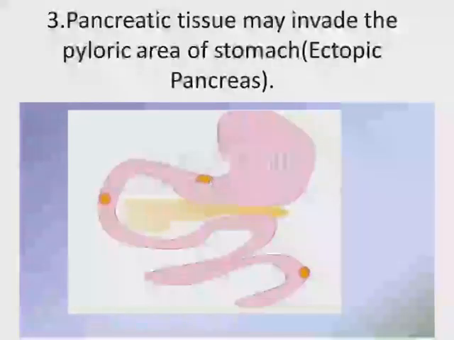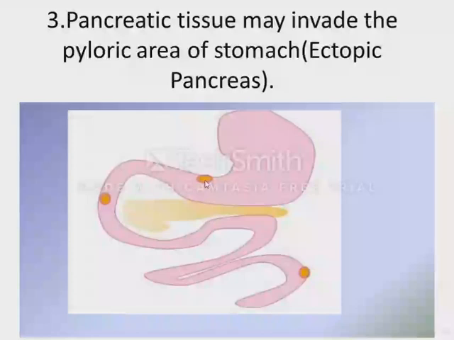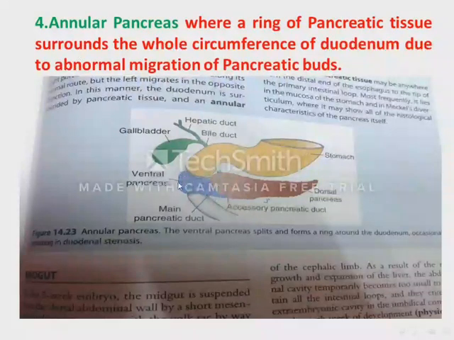Number 3, ectopic pancreatic tissue may invade the pyloric area of the stomach, called ectopic pancreas, and also may invade the duodenum and the intestine. Annular pancreas is a ring of pancreatic tissue surrounding the whole circumference of the duodenum due to abnormal migration of the pancreatic buds, leading to what is called the annular pancreas.